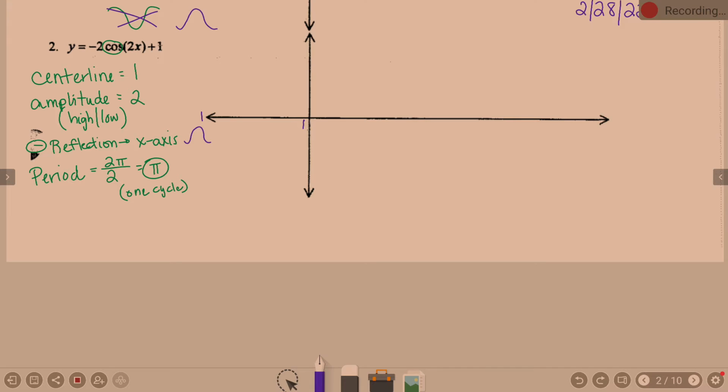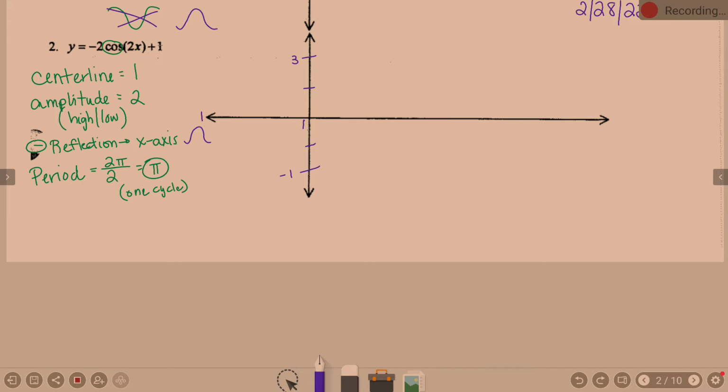My amplitude is 2, so I'm going to count up 2 from 1 and down 2 from 1. Up 2 from 1 tells me the highest this graph will ever go is 3. Down 2 from 1 tells me the lowest this graph will ever go is -1. Enjoy the easy stuff, right?